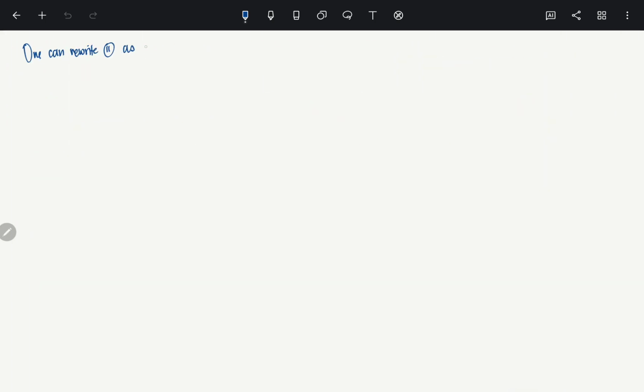So L of y plus lambda, where s depends on x, times y equals 0.